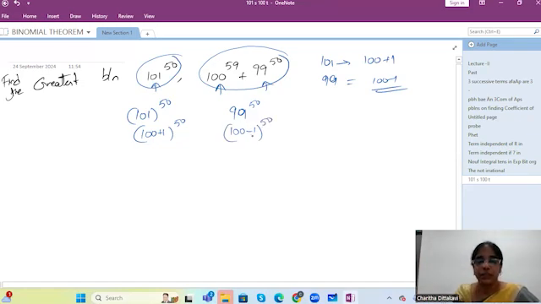I can take 100 to the power 50 common. I am left with 1 plus 1 by 100 whole to the power 50. Even here, if I take 100 to the power 50 common, 1 minus 1 by 100 whole to the power 50.